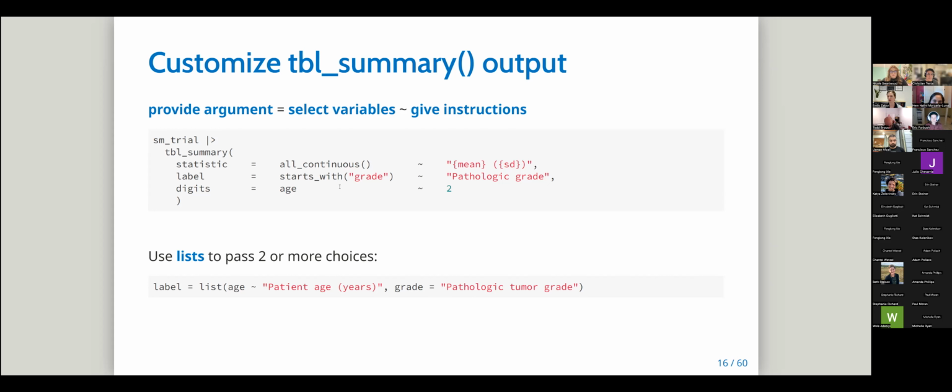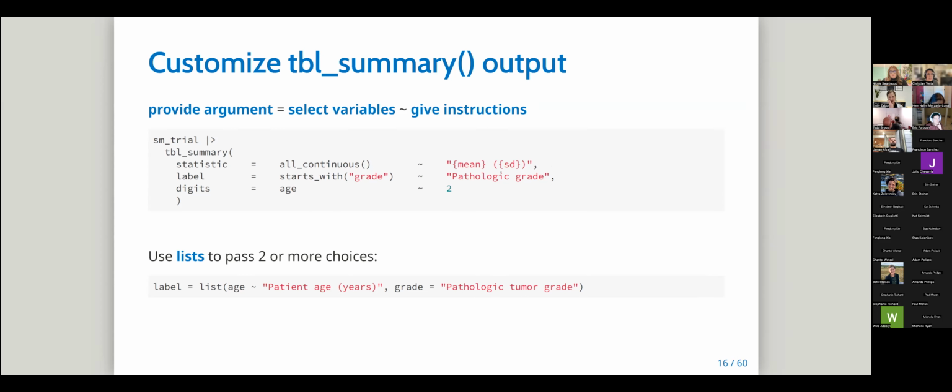You can use starts_with, ends_with, all of these nice tidyselect functions are available to make changes to your variables. Then you use a tilde and you provide the instructions that you want to do. We use the glue package a lot in this, and that's the best way to make the changes to the statistics that you want to be presented, by using the keywords that come with the glue package.